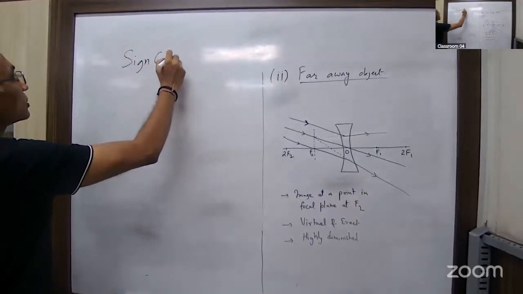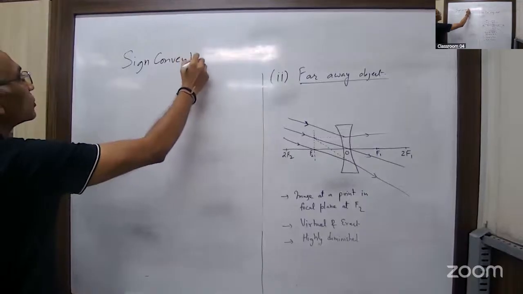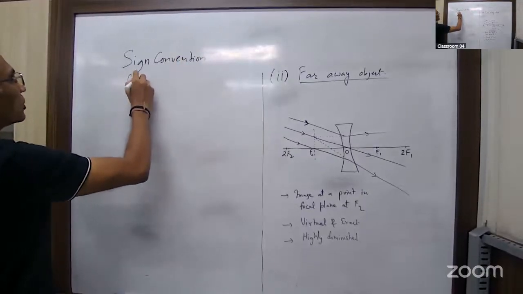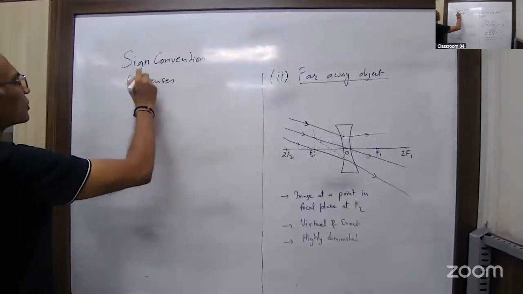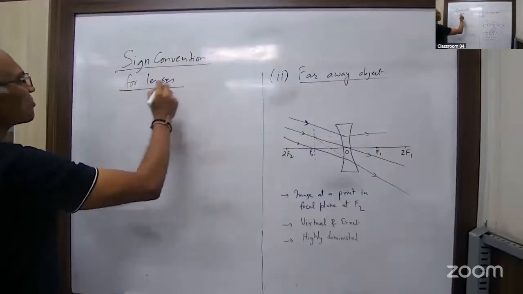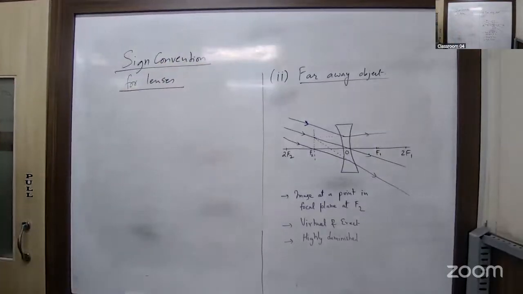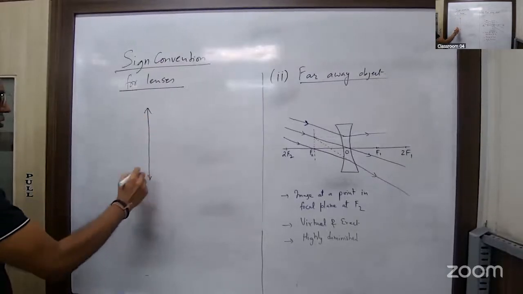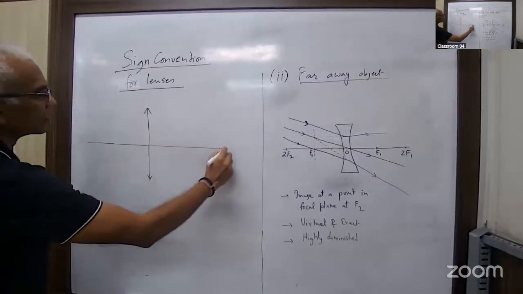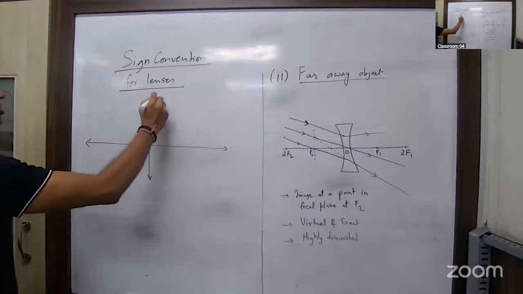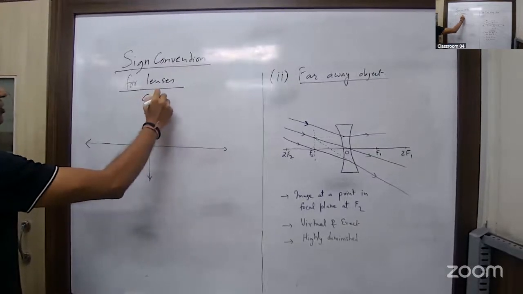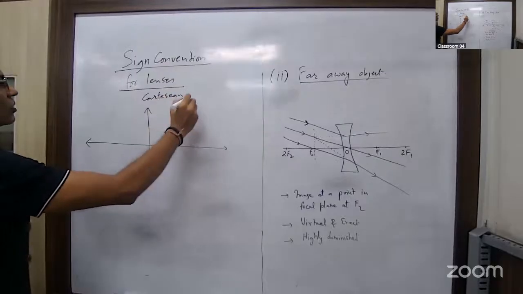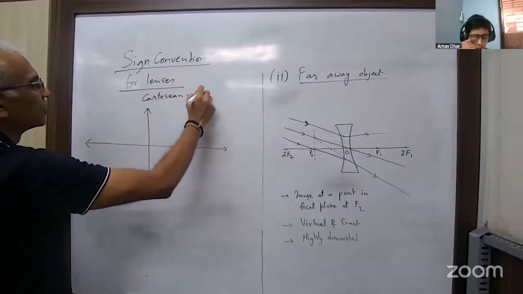So we can discuss sign convention for lenses. This uses the normal Cartesian sign convention. What is Cartesian sign convention? The four-way graph.